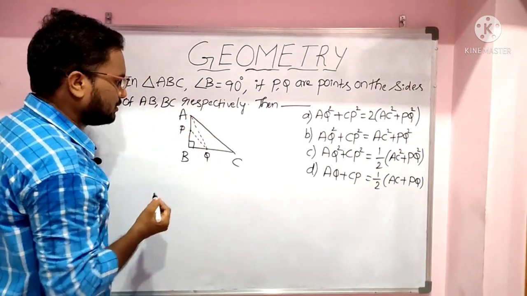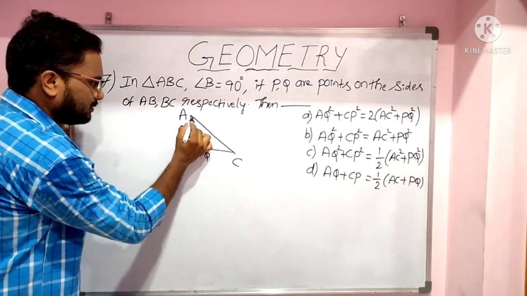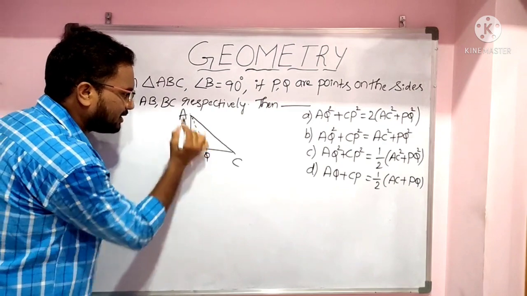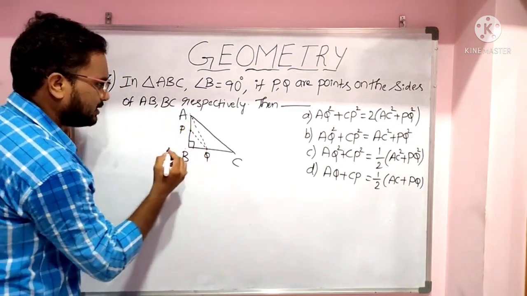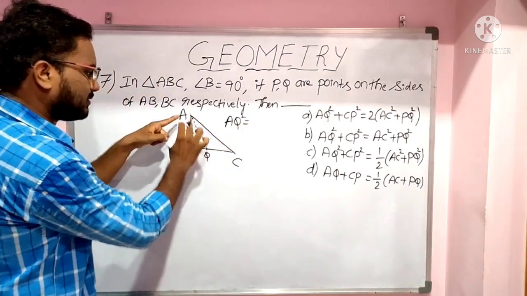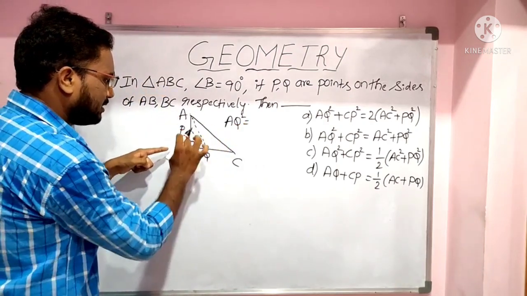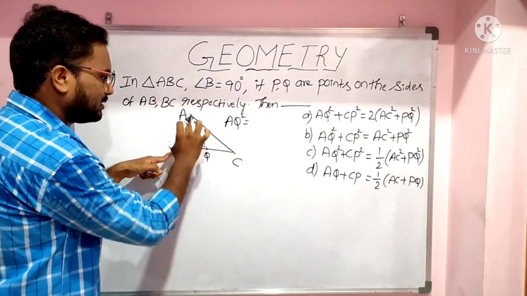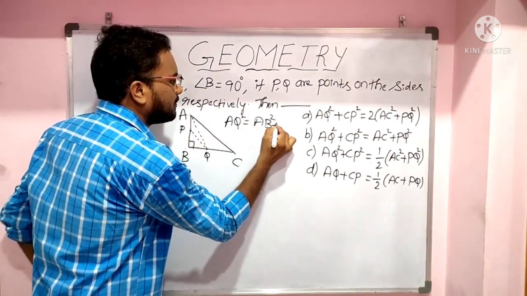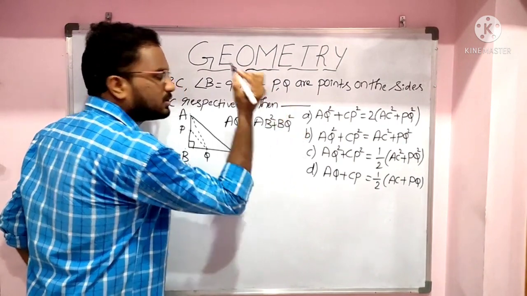Triangle AQB is a right angle triangle. So here AQ is the hypotenuse, AQ square equal to AB square plus BQ square.